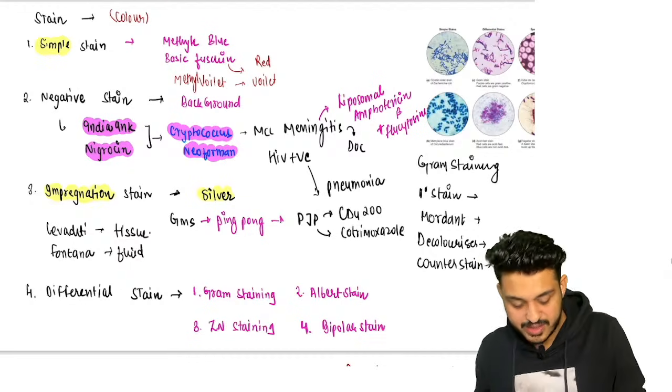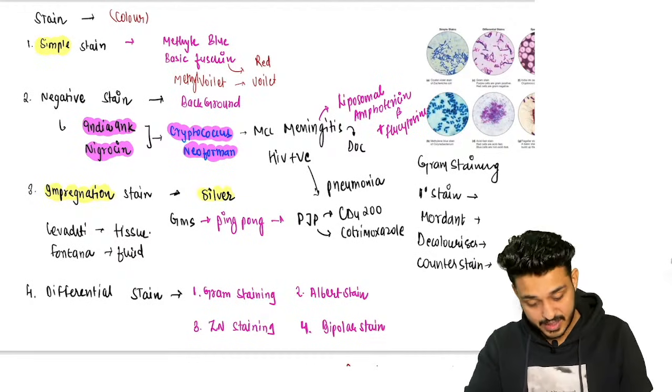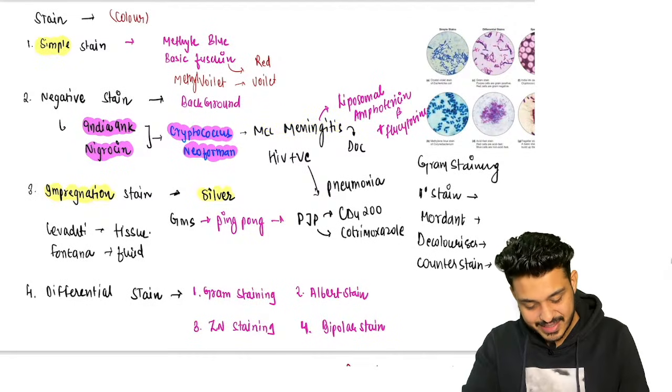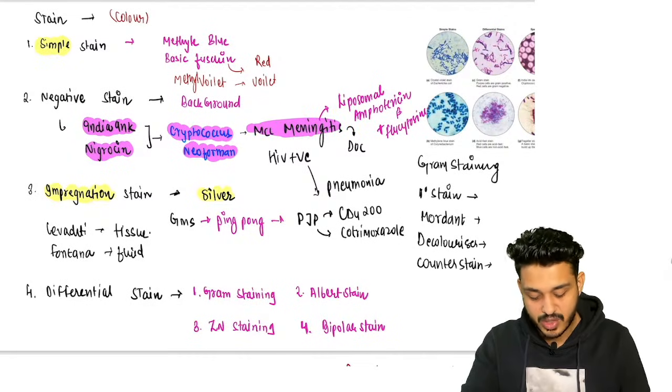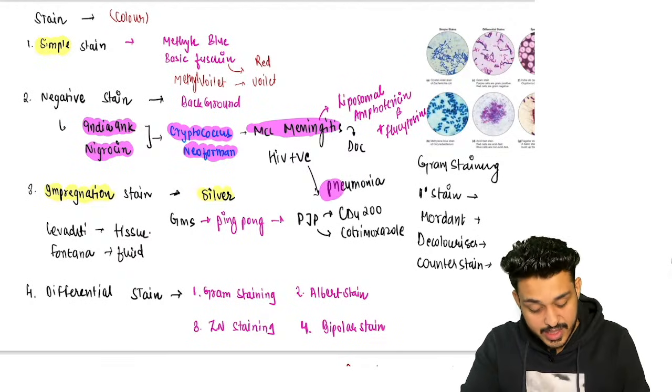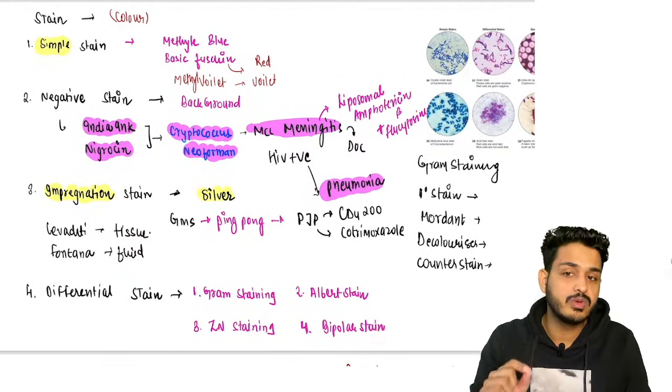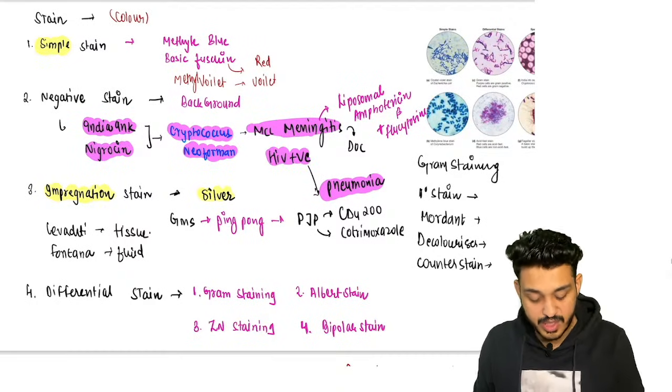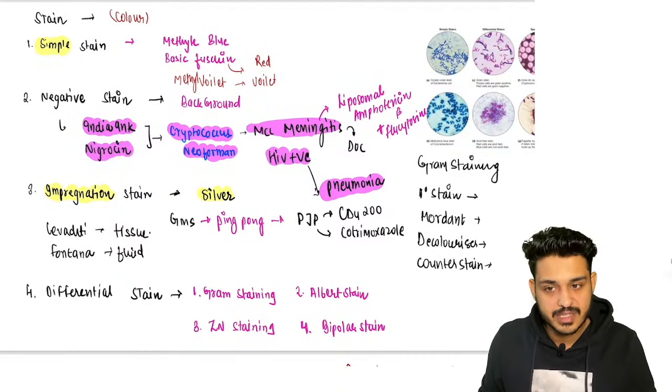Very, very important stuff, right? Very important stuff has been asked previously. Most common cause of meningitis in HIV positive patient, your answer will be Cryptococcus neoformans. Another question they can ask: most common cause for pneumonia in HIV positive individuals, your answer is going to be Pneumocystis jirovecii pneumonia, right?